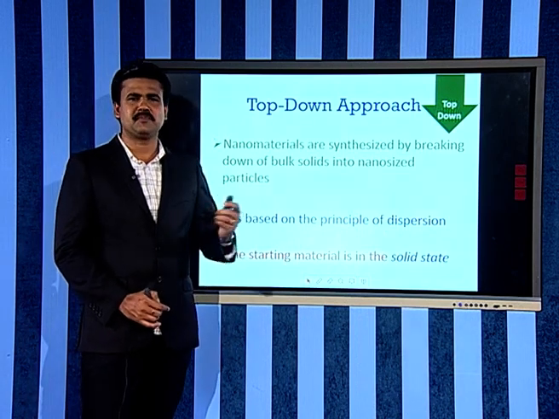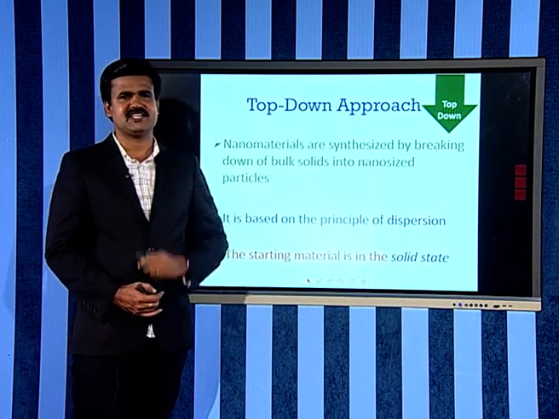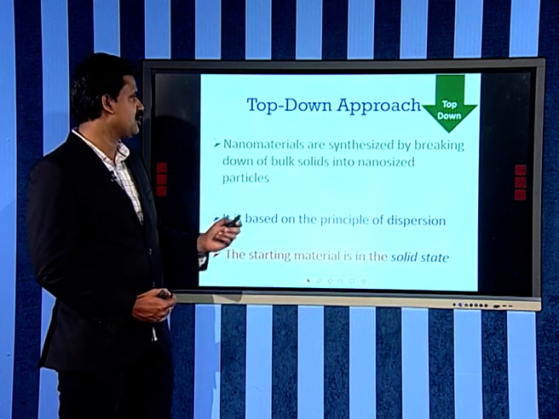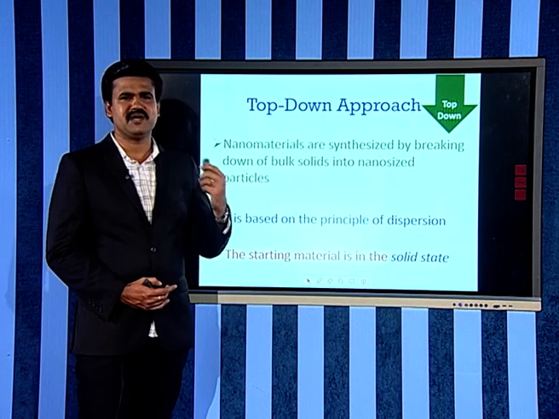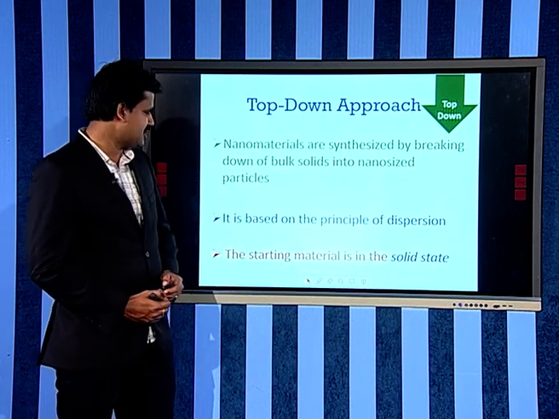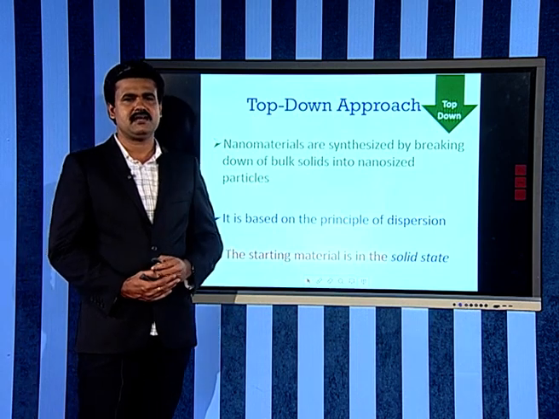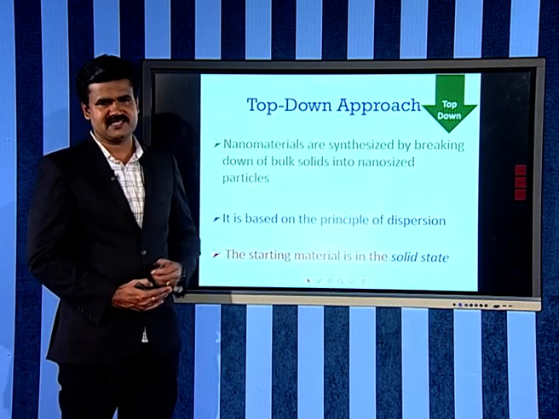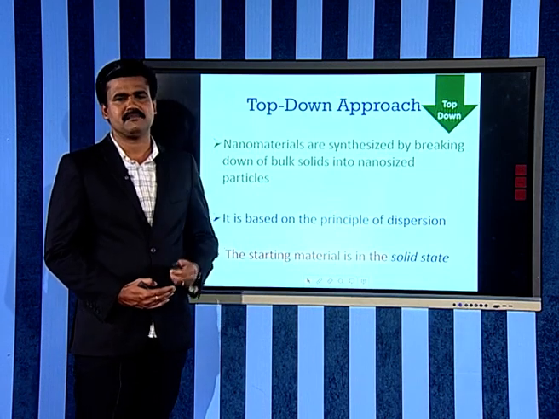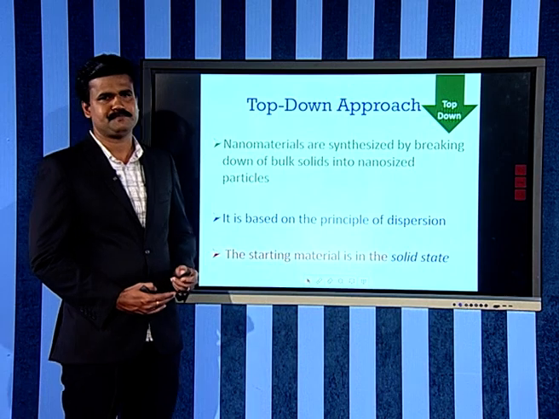Regarding the top-down approach, as I mentioned, nanomaterials are synthesized by breaking down of bulk solids into nano-sized particles. It is based on the principle of dispersion. The starting material must be in the solid state. That is, for the top-down approach, we have to begin from solid materials.